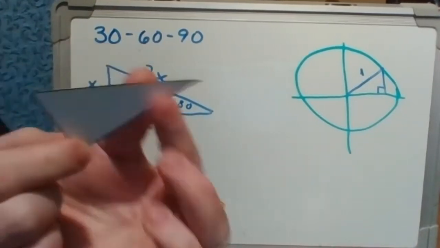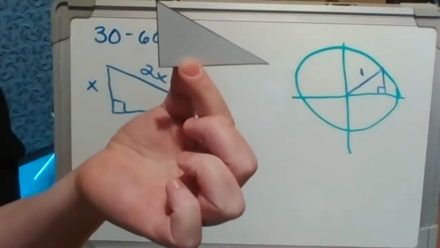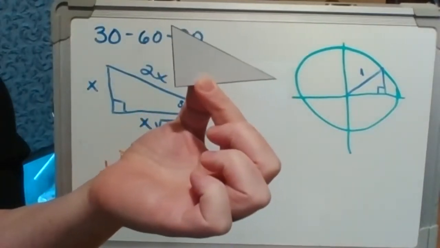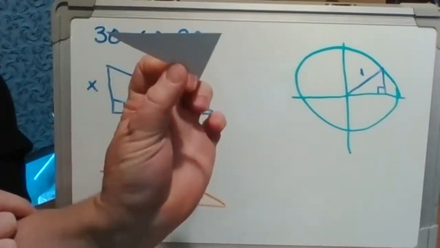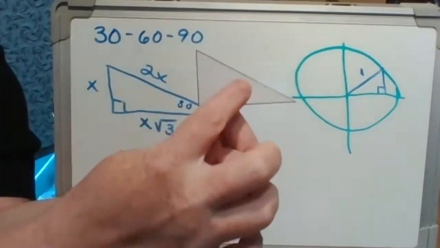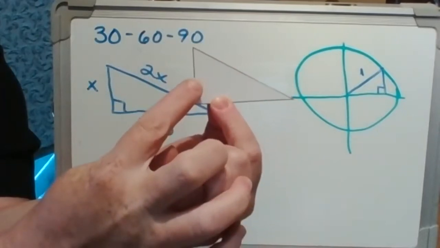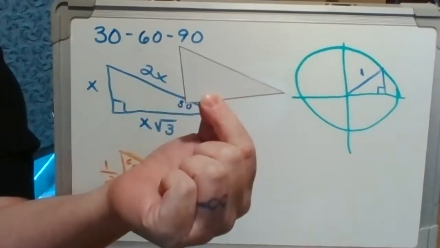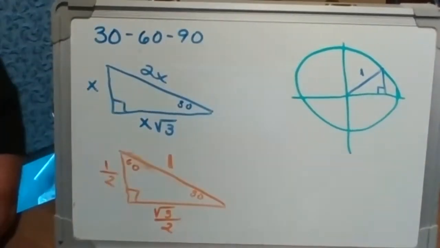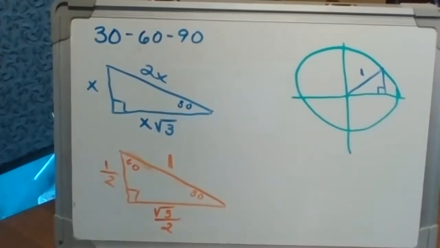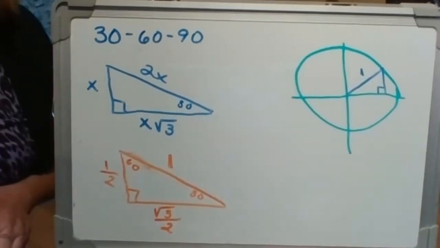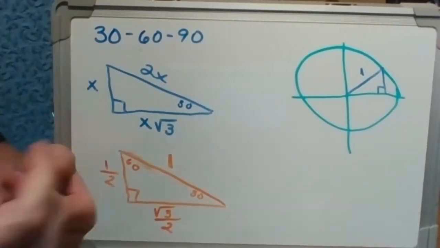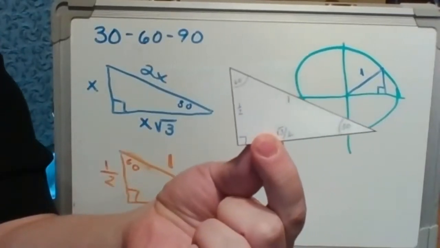So I want you to take your 30, 60, 90 triangle here, and we want to label it. And we'll label both sides of the triangle. So let's label the hypotenuse 1, the short side 1/2, the long side square root of 3 over 2. And be sure to put your angle measures in there as well. When you're done labeling your triangle, you should have something that looks like this.